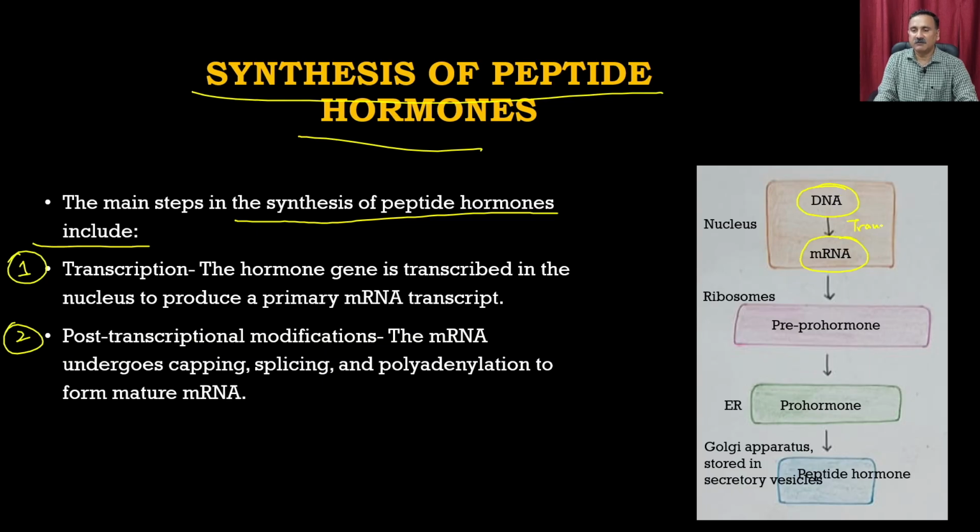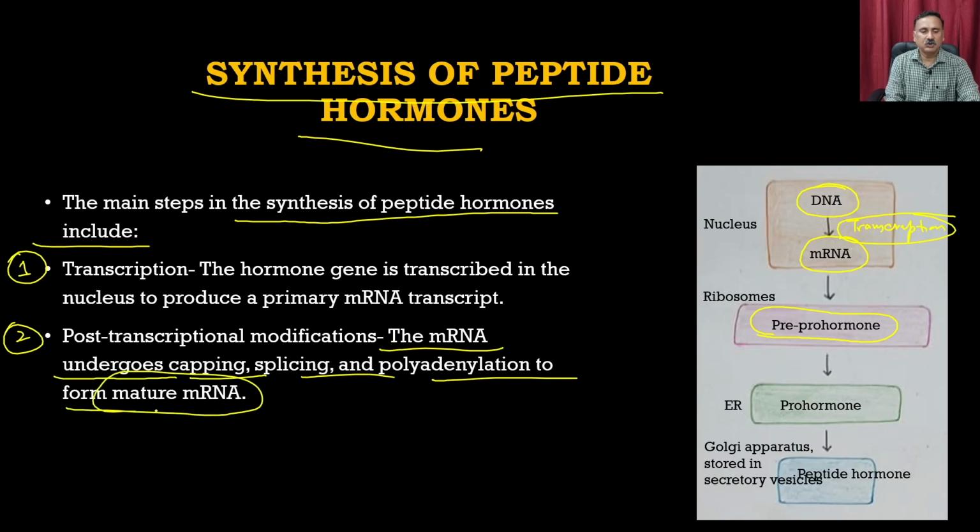And how transcription and replication work, we are going to discuss in subsequent modules. Then the messenger RNA is a crude messenger RNA, and it undergoes post-transcriptional modifications, which we will also discuss in a subsequent module. The messenger RNA undergoes capping, splicing and polyadenylation to form the mature messenger RNA.